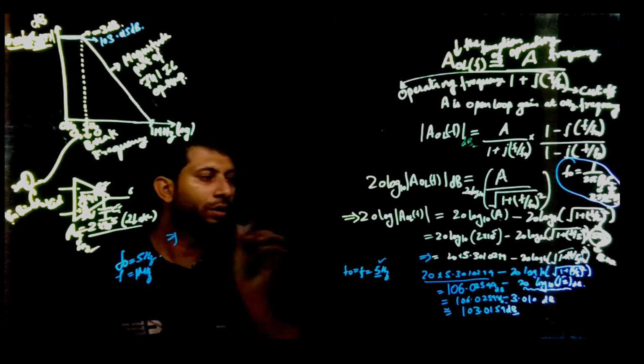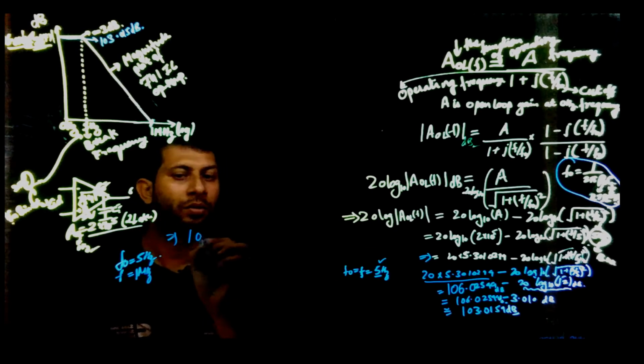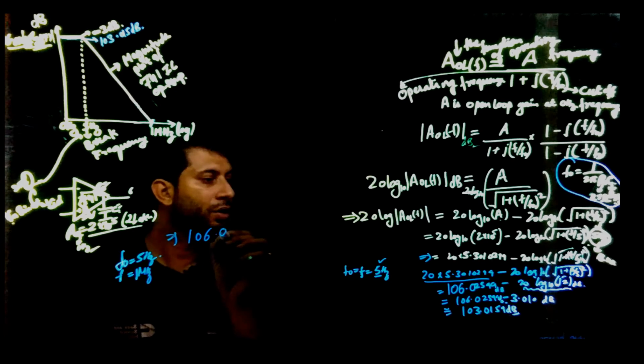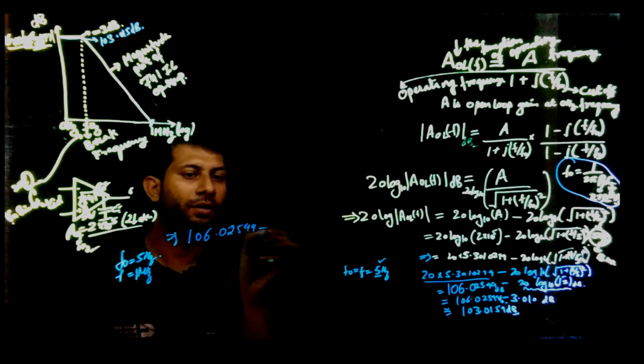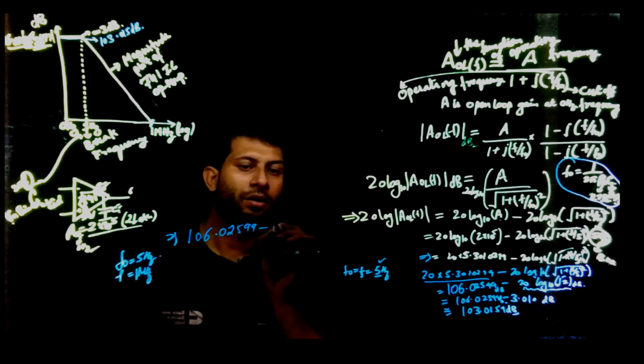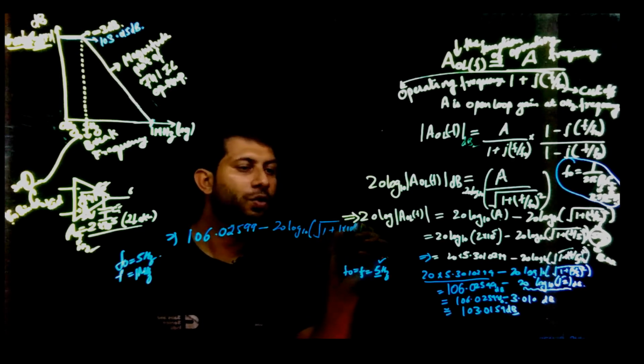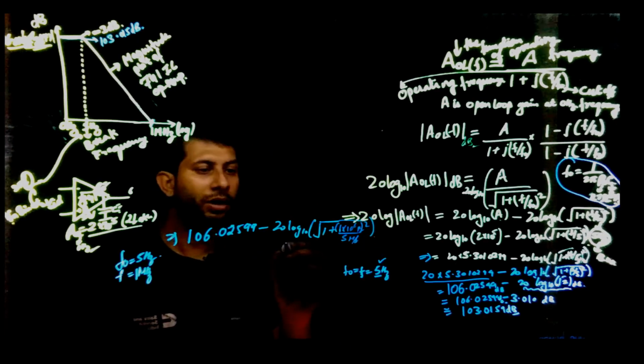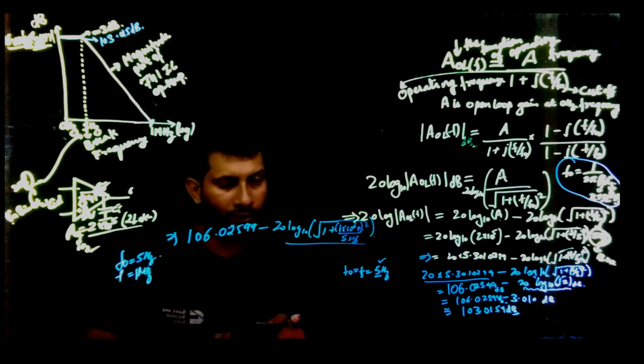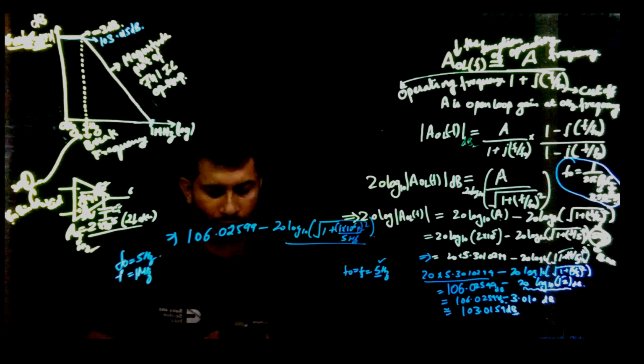Then this factor is 106.02599 minus 20 log base 10 under root 1 plus (1 mega means 10 raised to power 6 hertz divided by 5 hertz, hertz cancel out) whole square.